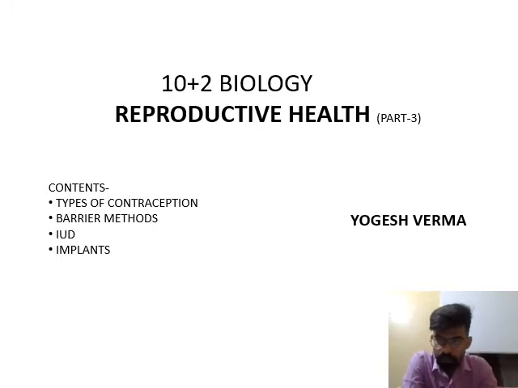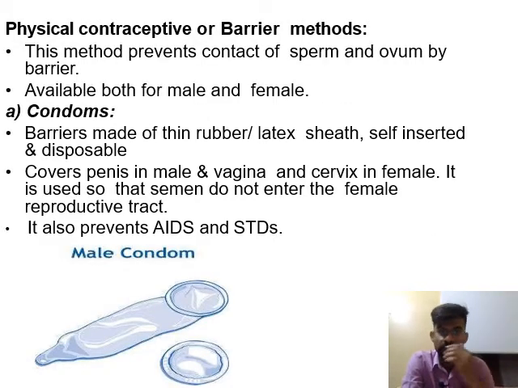So let's start. This is the physical method, or you can say the barrier method. A barrier, as we know, is a hindrance between the mating of male and female gametes. In the barrier method, we prevent the contact of sperm with the ovum by some barriers.